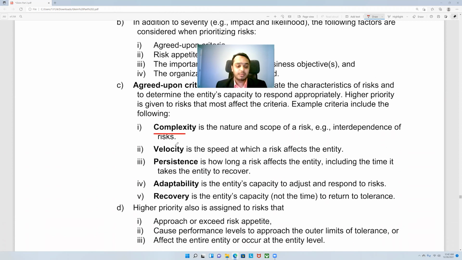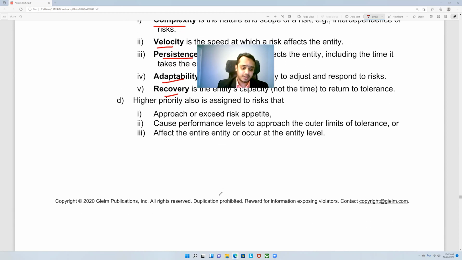You do it based on complexity, velocity, persistence, adaptability, and recovery. Those are the factors it will depend on. So these are the things you need to take into consideration in prioritizing which risk response to give first.